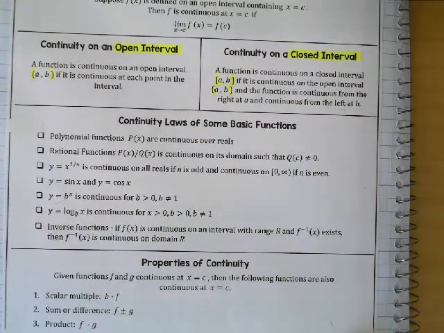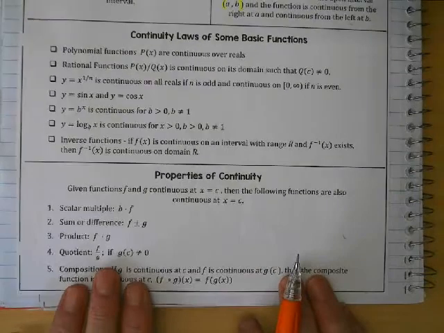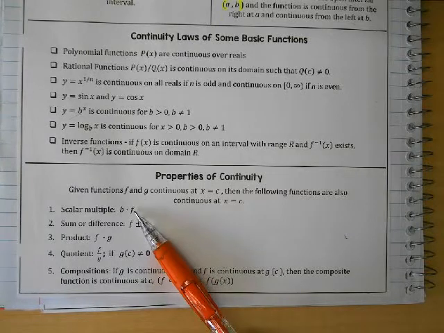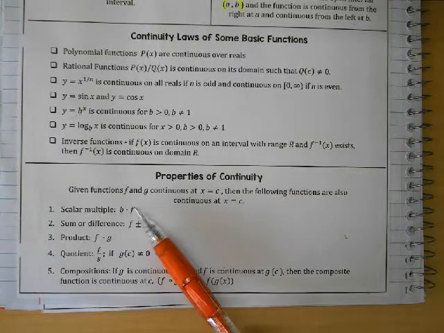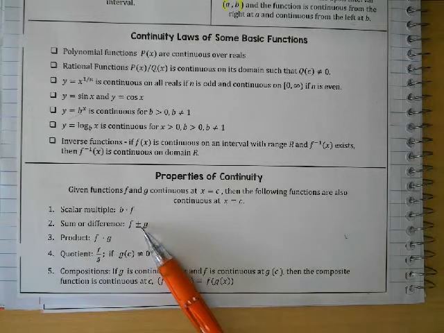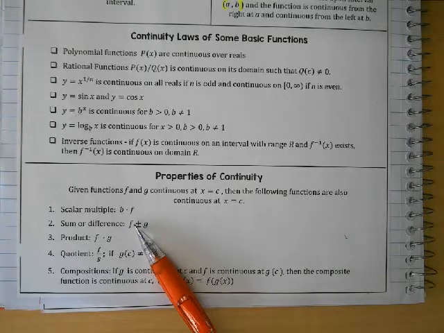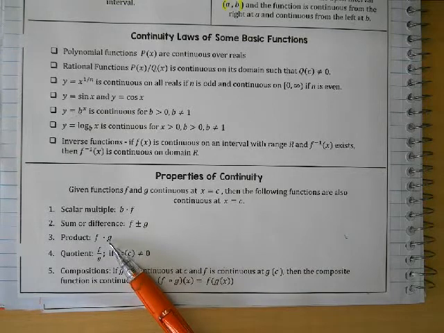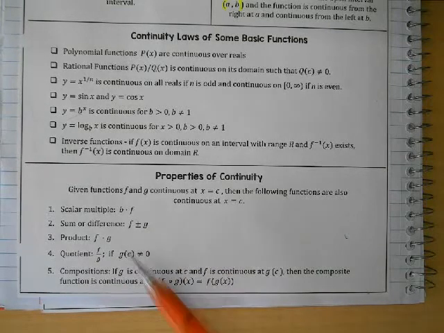Alrighty, now properties of continuity. Another thing that we can do, because we'll have all these functions mixed together, is that if you know you have something that is a continuous function and it's multiplied by something, it's still continuous. If you add or subtract continuous functions, still continuous. If you multiply continuous functions, still continuous.